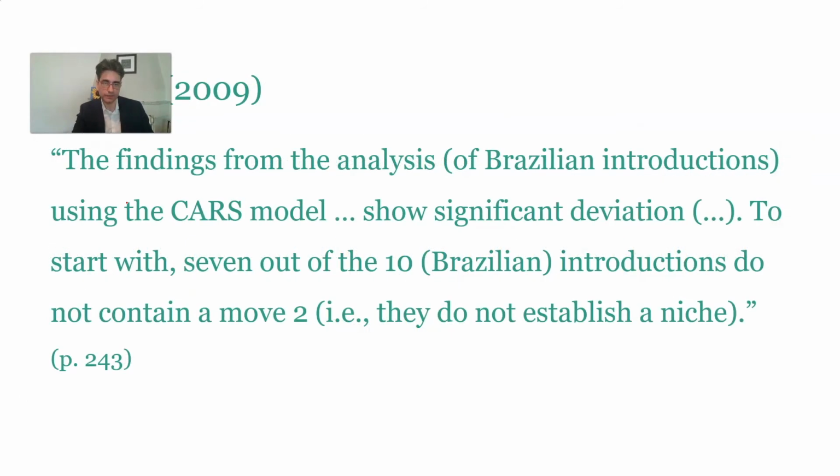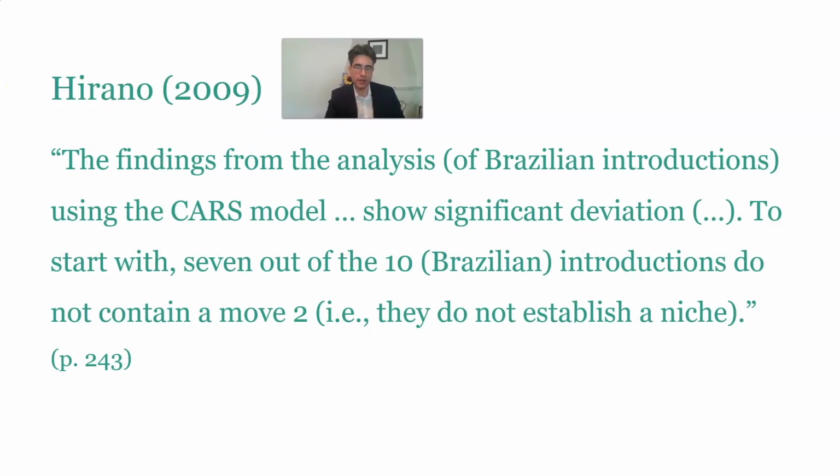And so what she found was that from the analysis of the introductions using Swales' model, there was significant deviation to start with. 7 out of the 10 Brazilian introductions do not contain a move 2, i.e. they do not establish a niche.